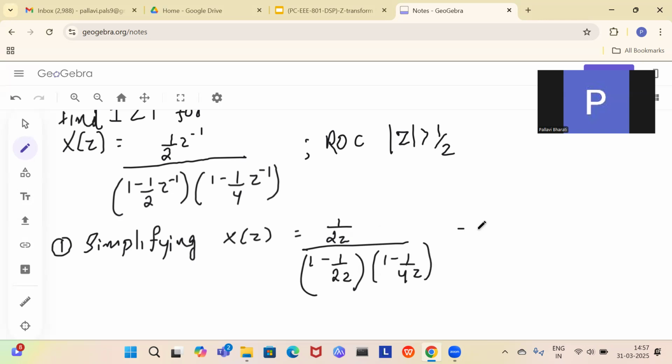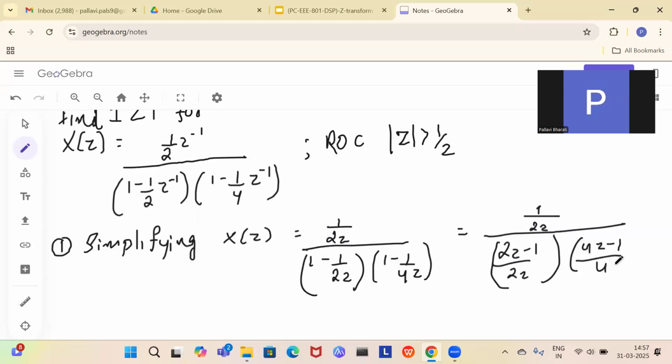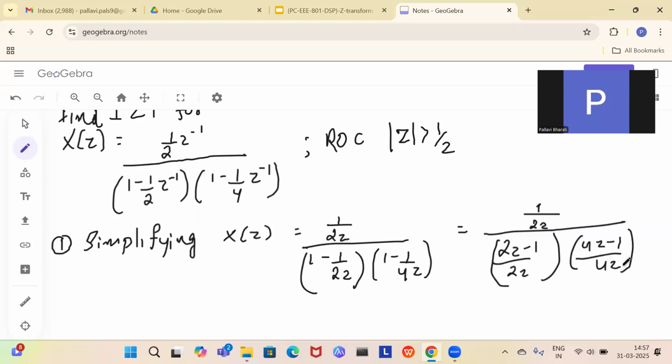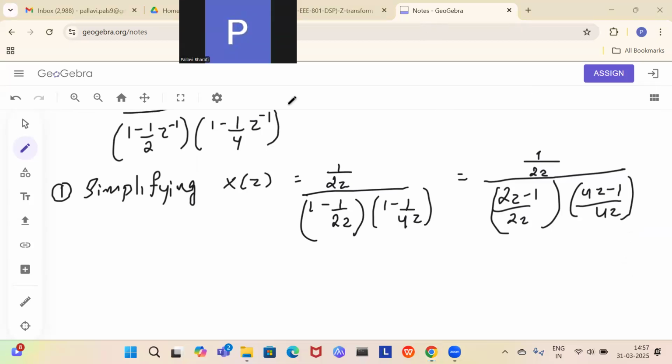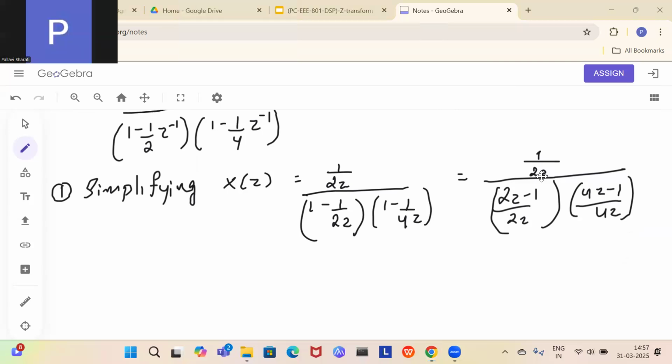Now again, when you write it, 1 by 2z divided by 2z minus 1 by 2z into 4z minus 1 by 4z. Here I will tell you certain points that have to be kept in mind when you are doing these questions, because otherwise solving it will become difficult. These are the small techniques that you have to keep in mind.